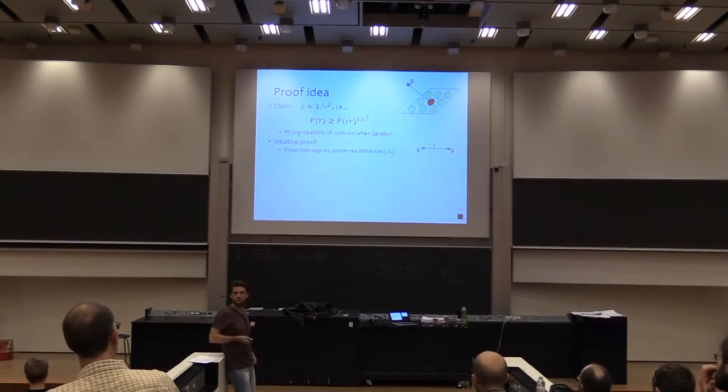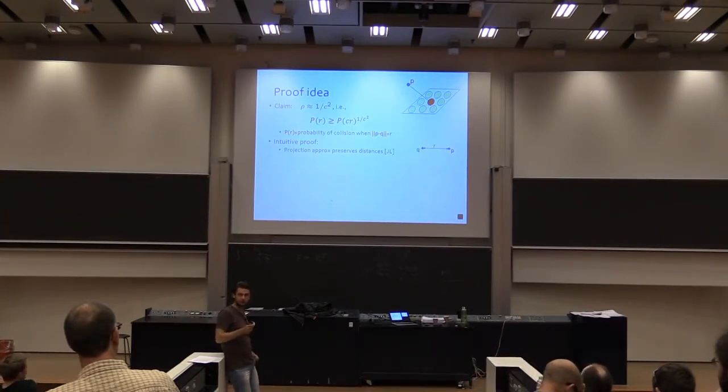First of all, we did this dimension reduction into dimension T. If the dimension T is sufficiently high, a very high constant, then the distance between P and Q will be preserved. This is what we proved yesterday. Yesterday we were talking about n points, and this is why the target dimension was log n. Normal Johnson-Lindenstrauss talks about n points and says we need to project to dimension log n, and this will preserve all the distances.